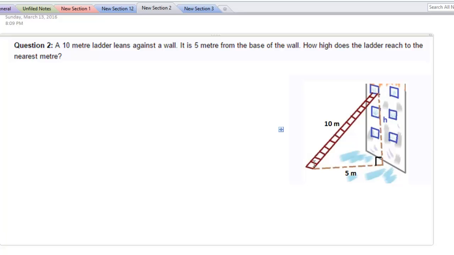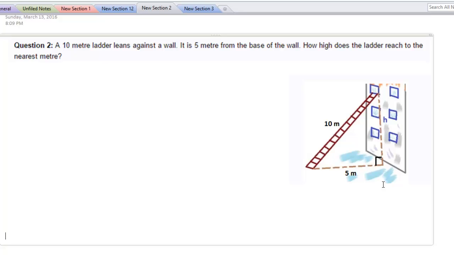And because this right angle is inside this triangle, that means it's a right triangle. So if I have 5 meters far from the wall and 10 meters is the length of the ladder, that means I can find h, which is the height that this ladder reaches, to the nearest meter.